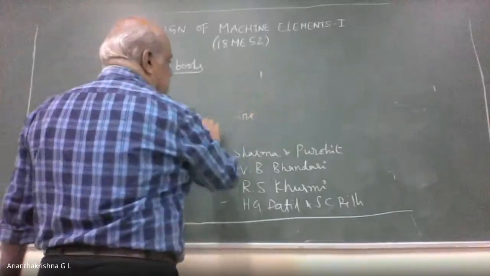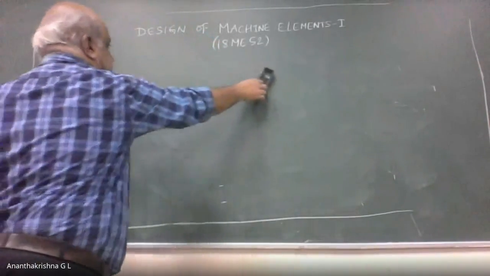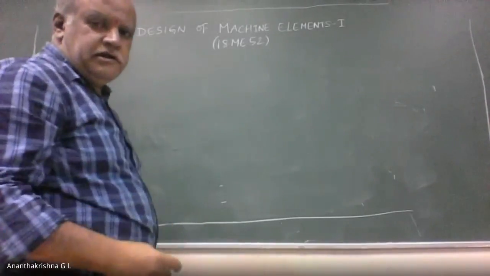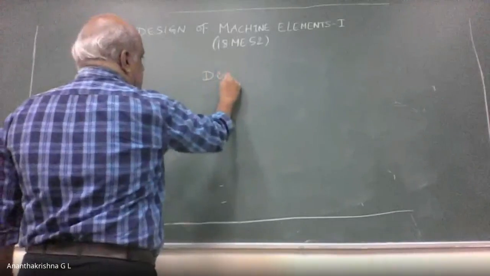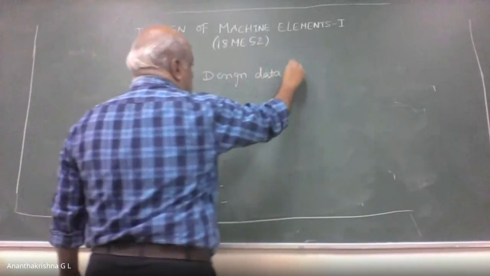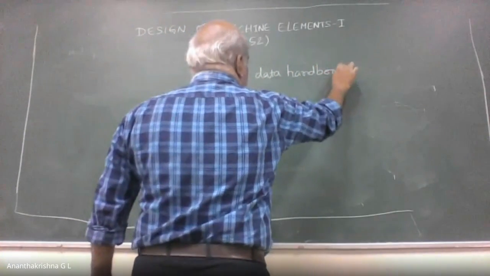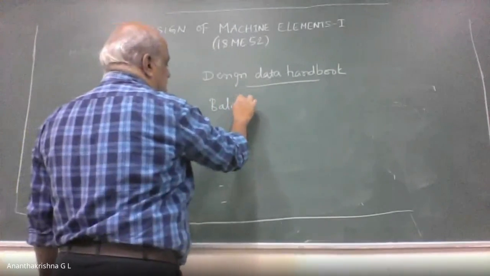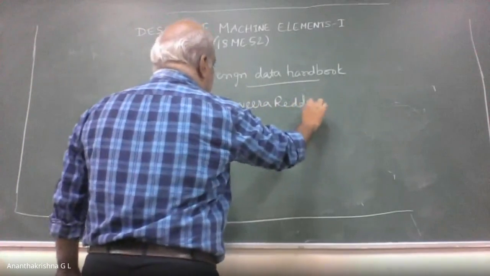And you need design data handbook. This is very, very important. For design of machine elements 1 and 2 both, what you need is design data handbook. So here we are going to use Balveera Reddy and Mahadevan.